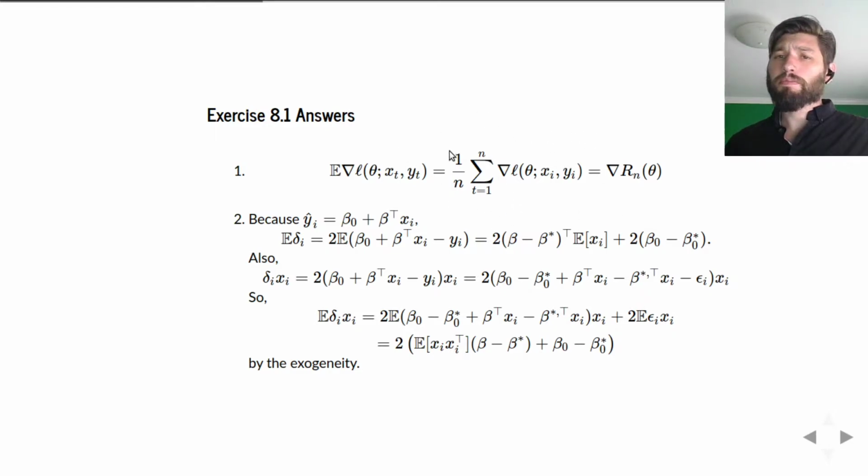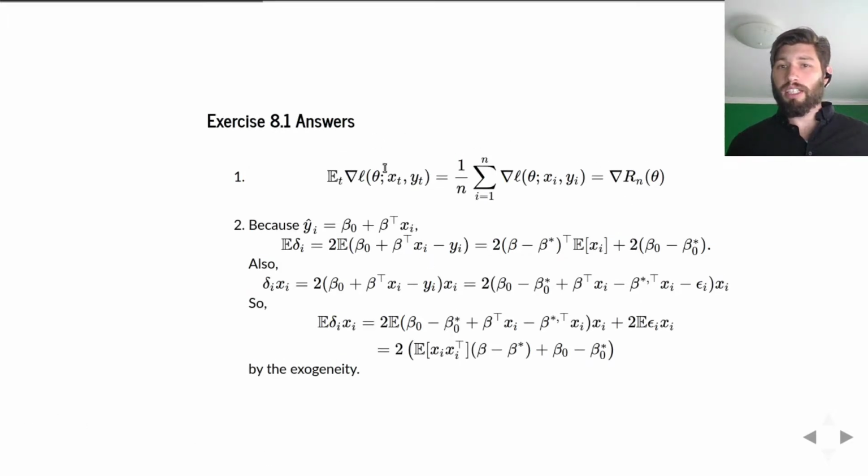I'll make those corrections really quickly. Okay, so I just made these notational corrections. So the expectation with respect to the draw of t is the average over the samples of the gradient of this loss. This turns out to be the gradient of the empirical risk.